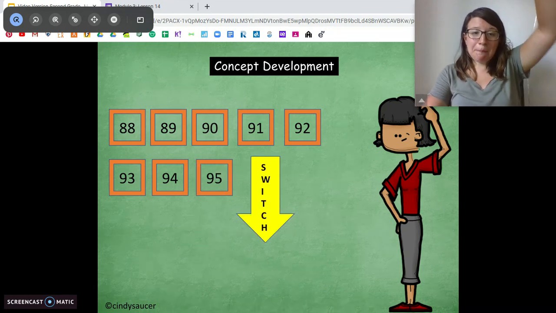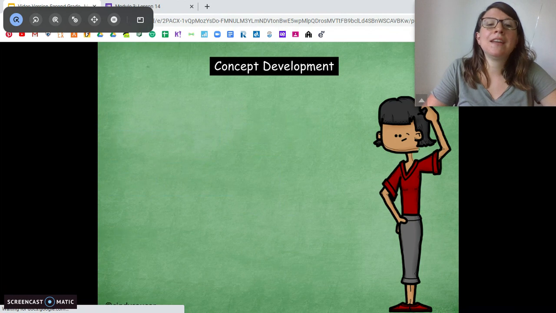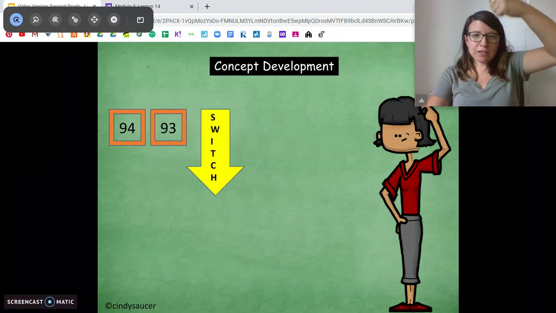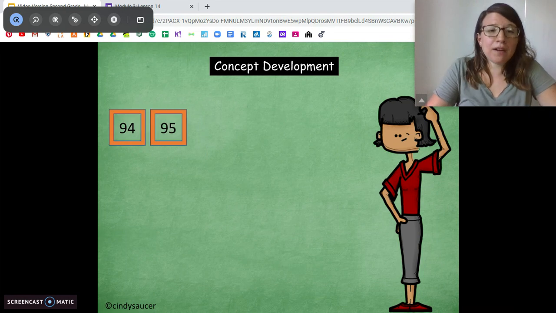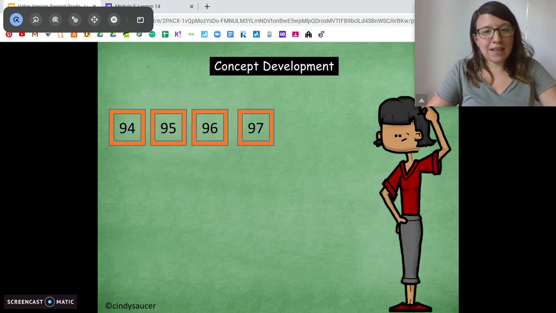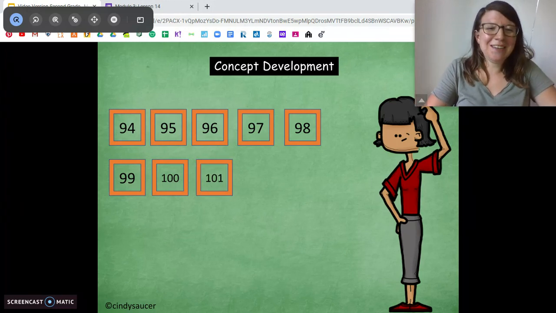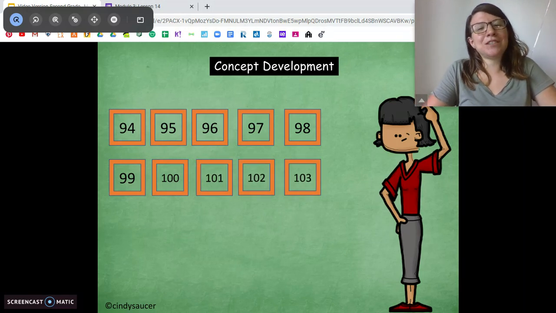Switch, counting backwards from 95. 94, 93, 90. Switch, count forwards from 93. 94, 95, 96, 97, 98, 99, 100, 101, 102, 103.